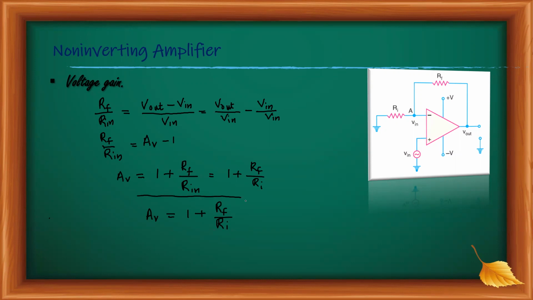It is the expression for voltage gain. When we look at this expression, it is clear that the voltage gain of such an amplifier depends on the values Rf and Ri, and it does not depend on the open loop gain.